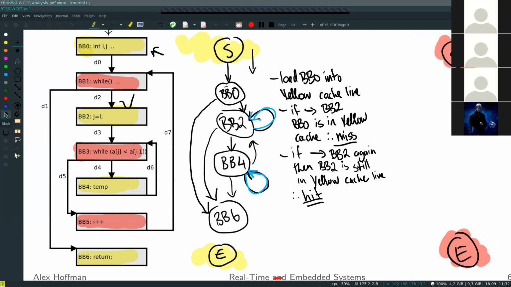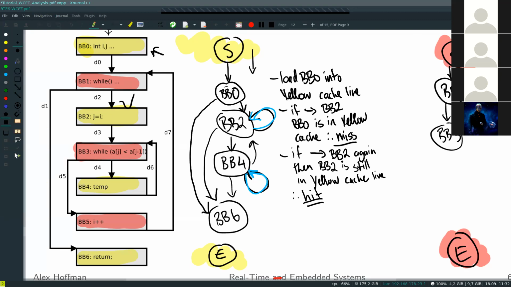So where would my S on the red cache line graph, where would my S block go to? Very good. And then where would I go to? It's one option. What's my other option?